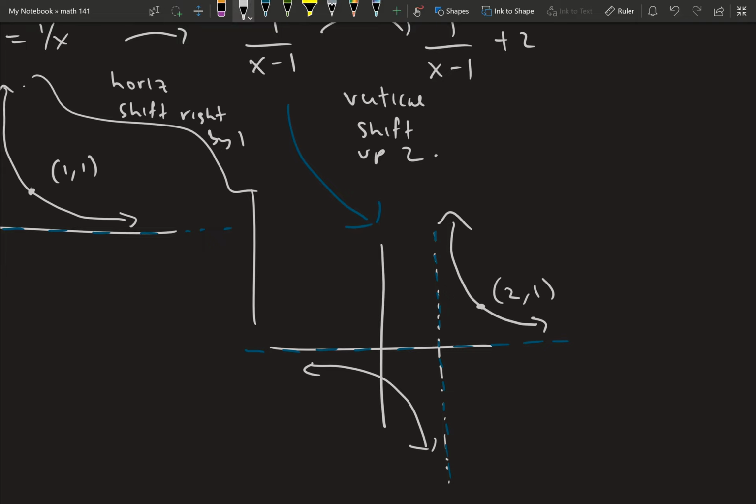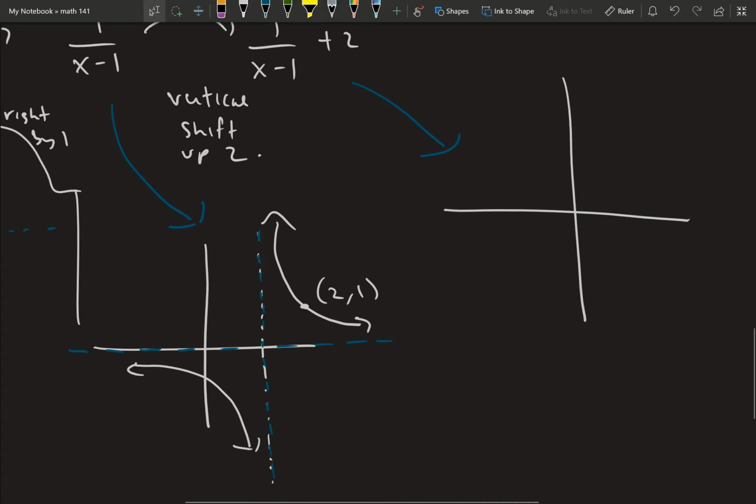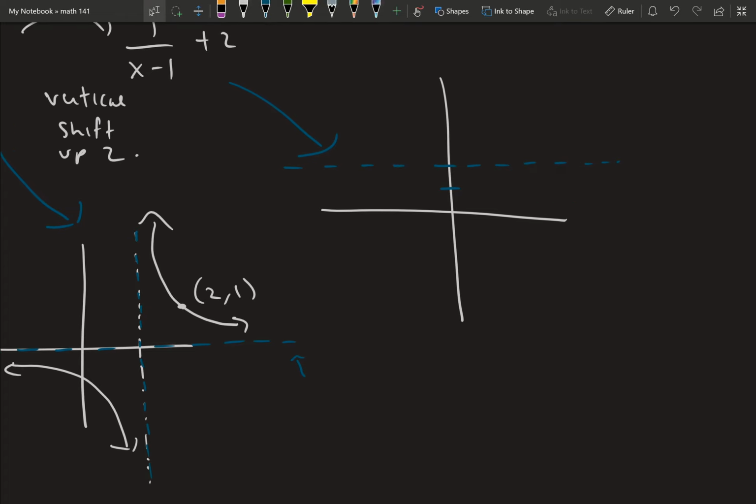And now let's graph the final graph. Well, we need to go up by 2. So this horizontal asymptote, which was originally right here, is going to go up by 2. So we draw a horizontal asymptote here. The vertical asymptote, well, we're shifting upward, and a vertical asymptote is infinite.